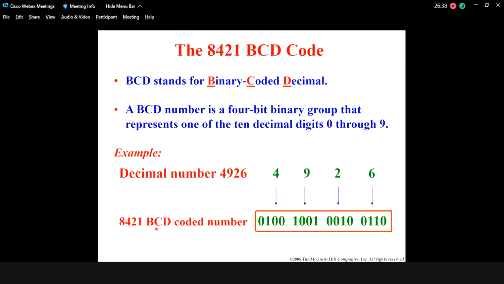Code is different from conversion. This one just gives a direct translation from 4 to binary, 9 to binary, 2 to binary. But does it represent the value of 4,926 or not? For that you need to convert using a calculator.